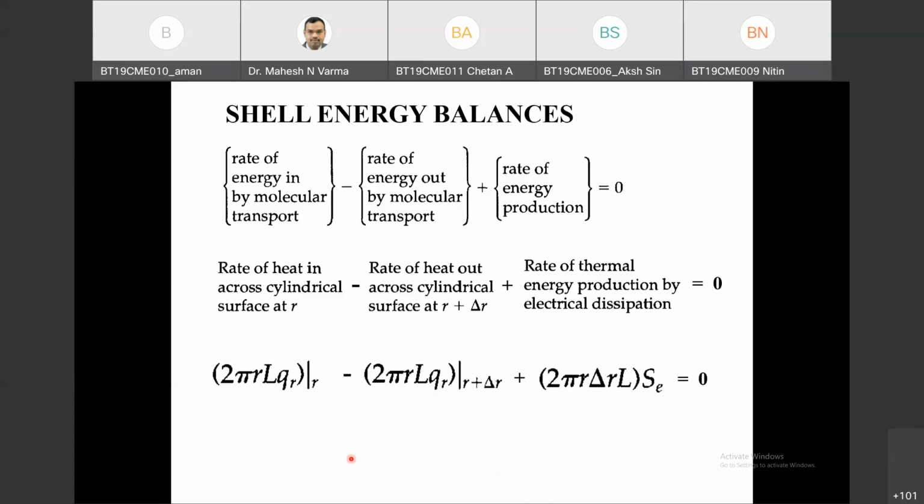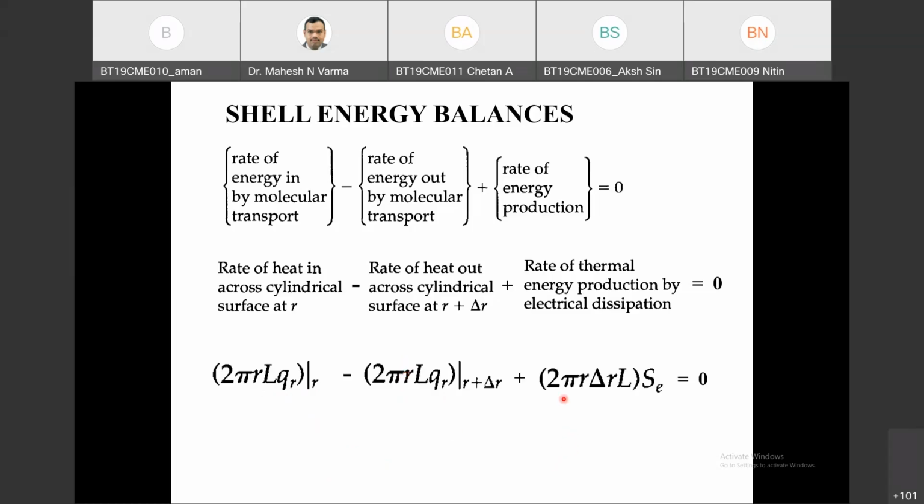Now one most important point is don't shift the location of r, because QR is a function of r, and the surface area also depends on r. So you should not change the location of r, as we have done in the cylindrical coordinate system.